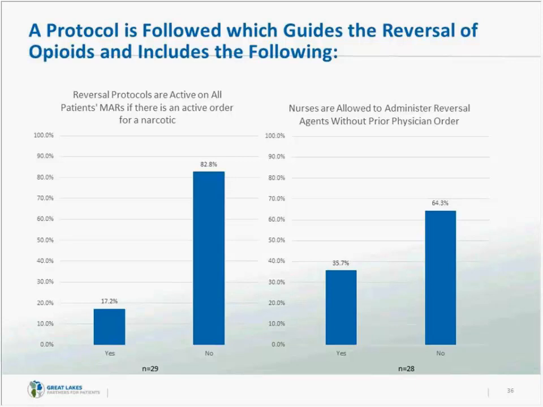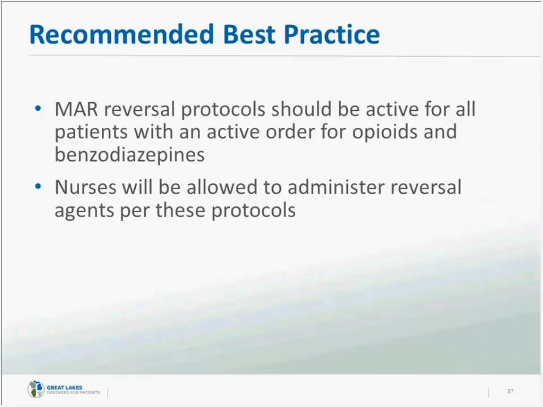And you can see there's a lot of room for improvement for both of those in the state. It would certainly decrease delays in care if that were active. So we recommend that MAR reversal protocols be active for all patients receiving opioids and benzos, and that, again, nurses be allowed to administer those agents per these protocols. So there's not an extra artificial step in place that requires a delay in care for these emergency or urgent situations.